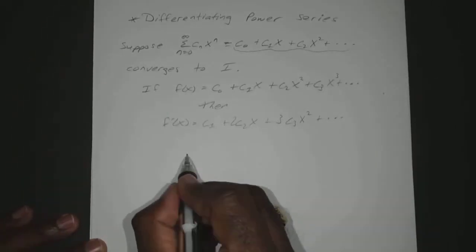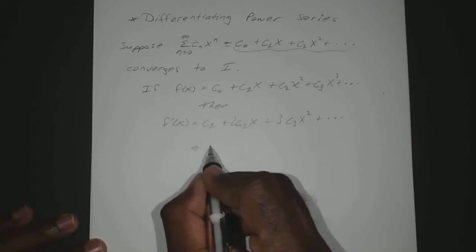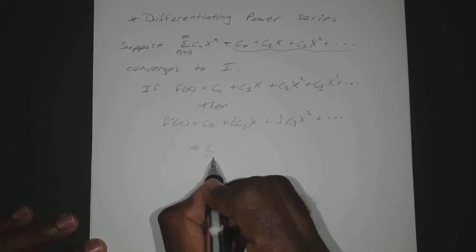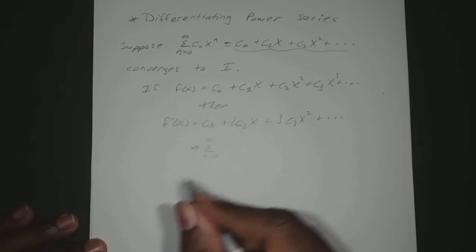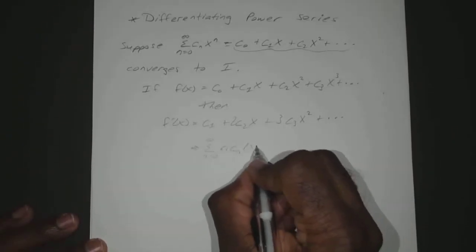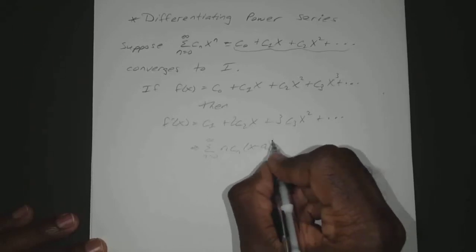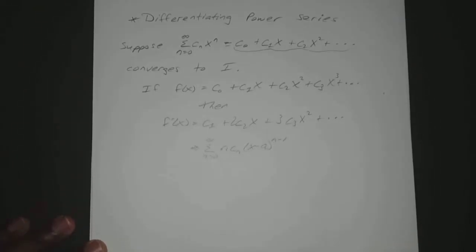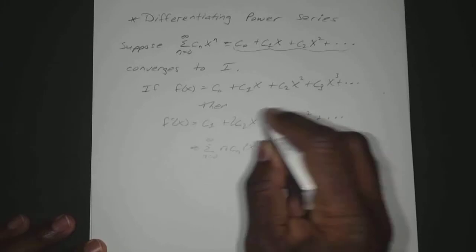Where your f prime of x actually becomes the sum from n equals 0 to infinity of n times c sub n, x minus a to the n minus 1.